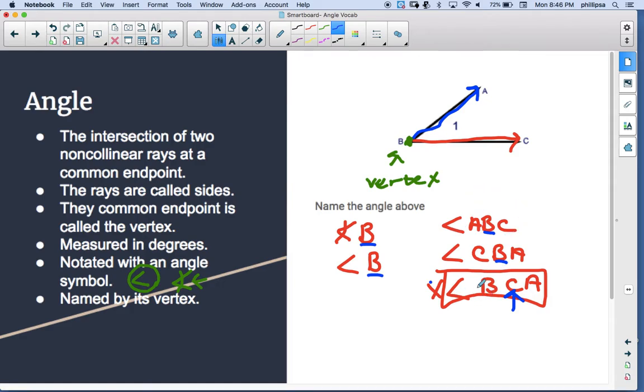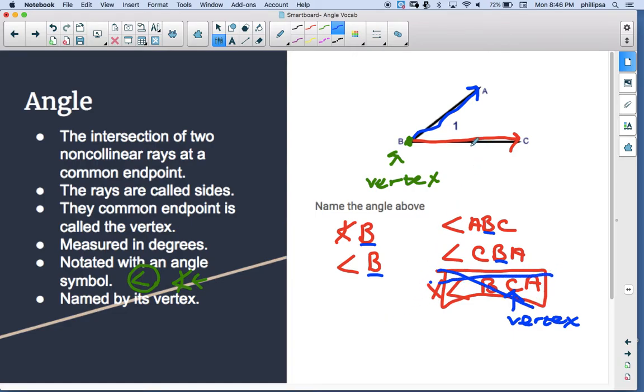Because this is angle BCA, this would imply that the endpoint, the vertex, is C, which is not true. We've already identified our vertex, our common point of our rays, as being B. So this one would not be acceptable.